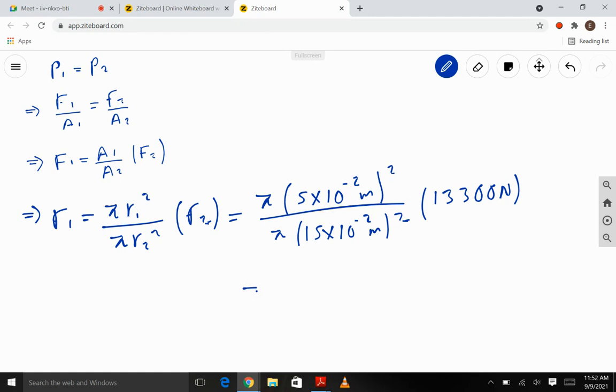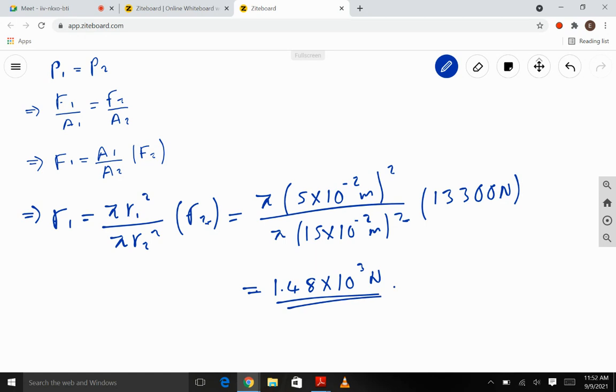So then we are going to have a value of 1.48 times 10 to the power of 3 newtons.